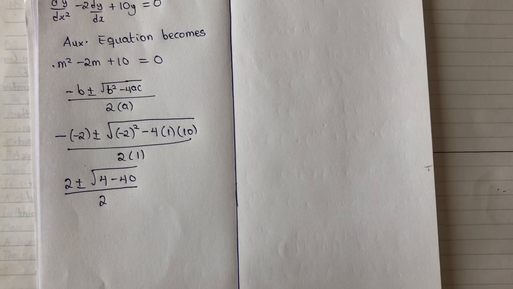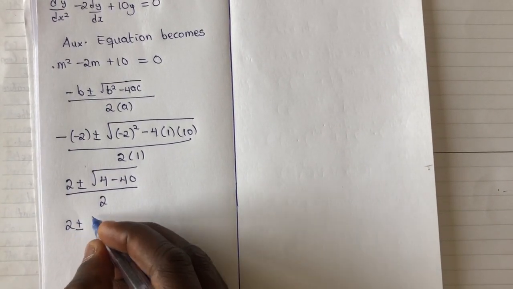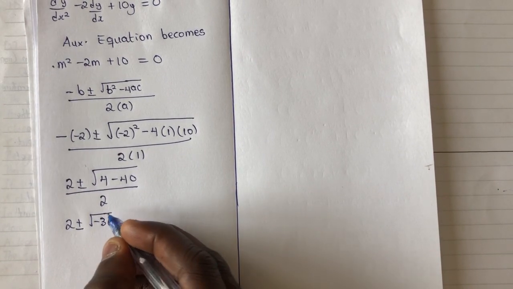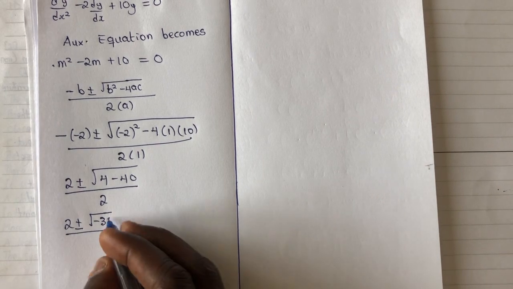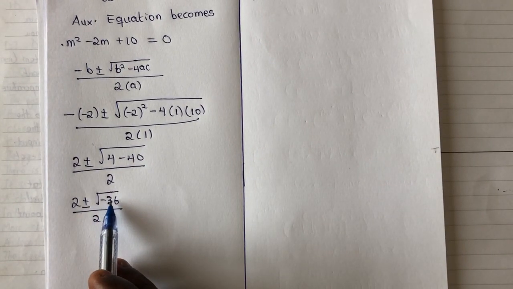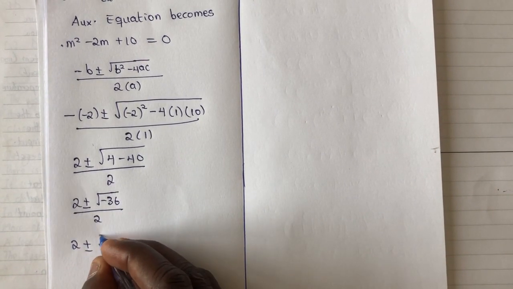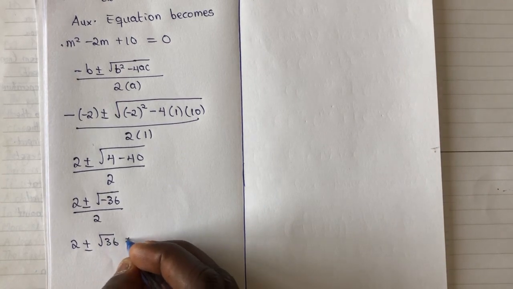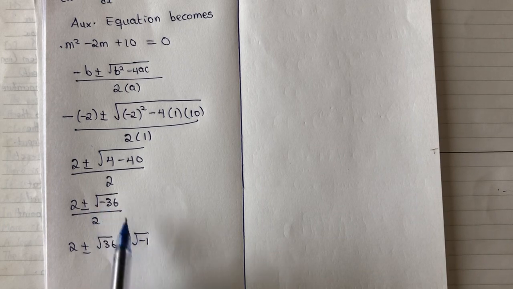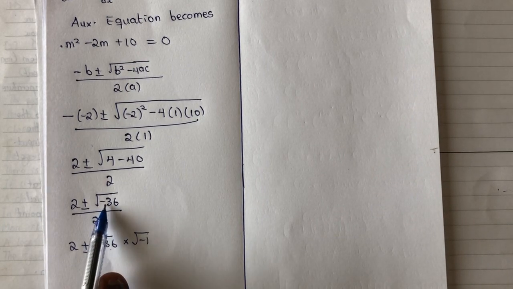So when you continue solving this, you will get 2 plus or minus root of minus 36 all over 2. Now, to work on this one, you need to take the root of this separately, so this becomes 2 plus or minus root of 36 times root of minus 1. When you multiply this, you get this, because we want to get rid of the negative.